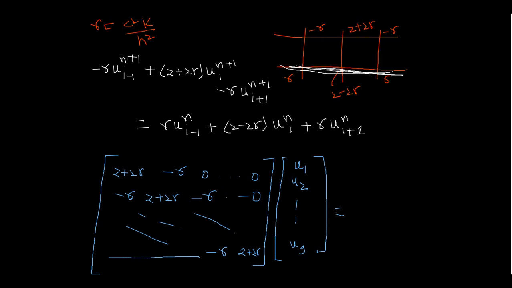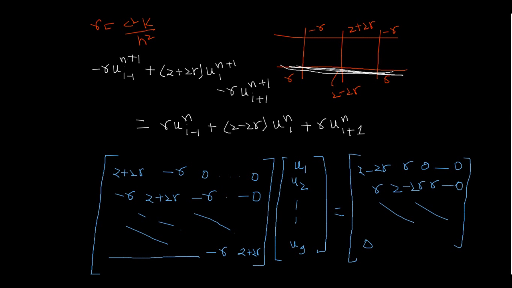And if you write the right hand side matrix, since the boundary conditions are given as 0, we'll just consider this only. So 2 minus 2r, r, 0, and r, 2 minus 2r, r, 0, and in the same way here will come 0, r and 2 minus 2r.